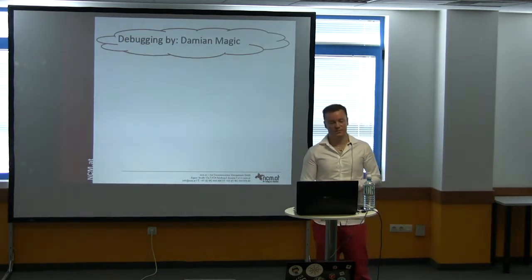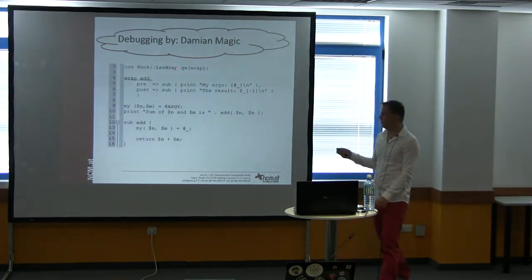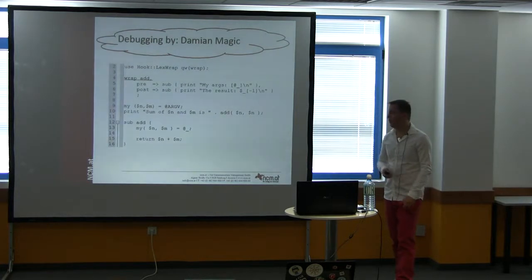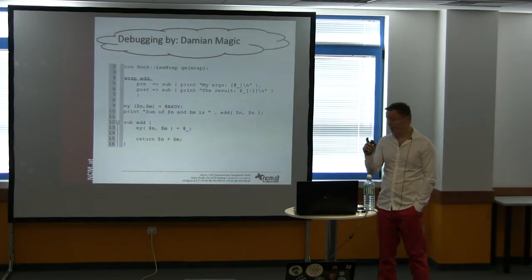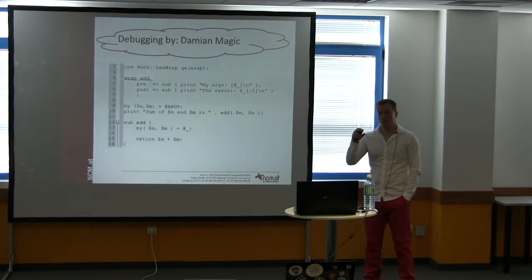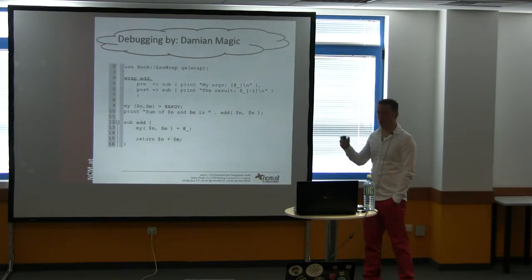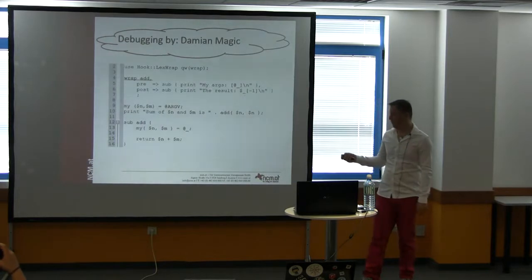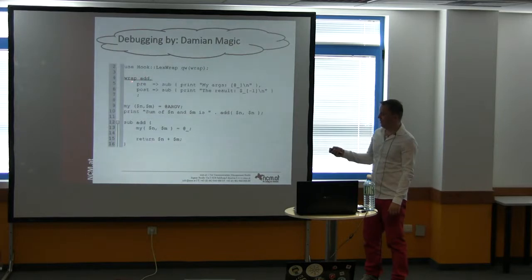And of course, there's some Damian magic you can use to debug your code. On CPAN, there's a module called Hook::LexWrap. This module is very nice because it gives you the possibility to override some subroutines in your code that will be called first instead. What I have here is just a simple add subroutine, and with wrap add, I can do a pre and post.